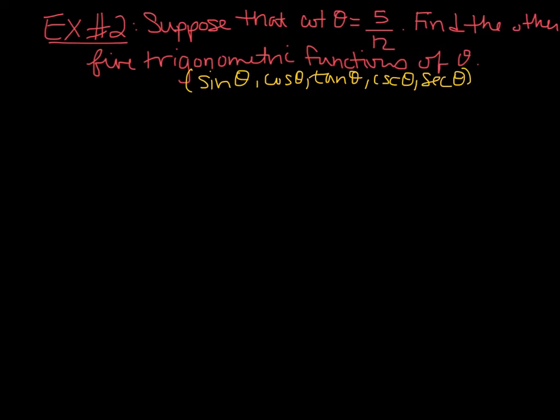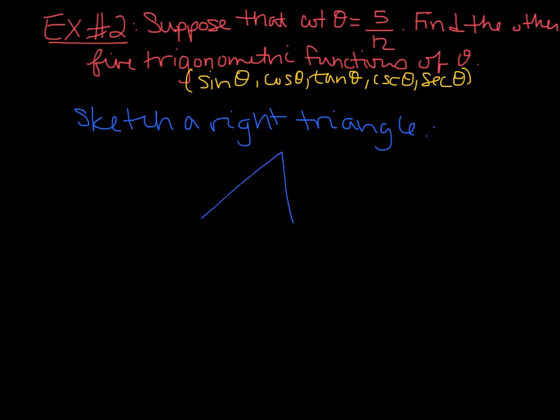So the first thing I need to do for this type of problem is sketch a right triangle. I'm going to draw my right triangle, and I'll put my theta right here.